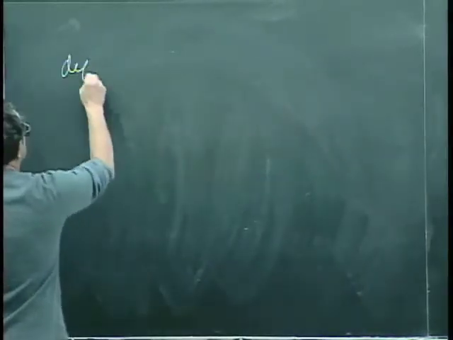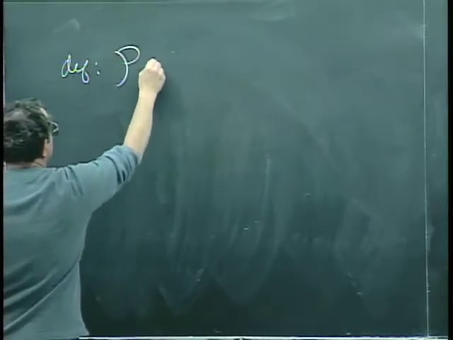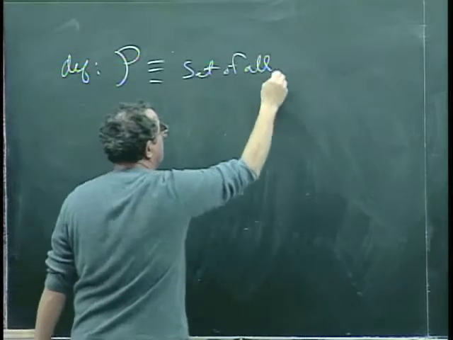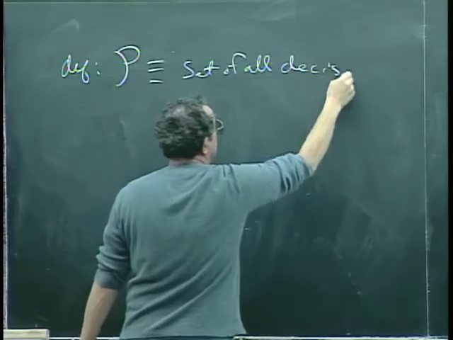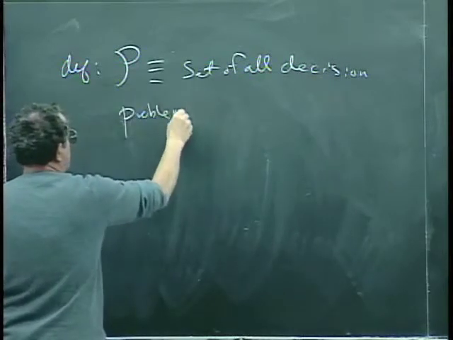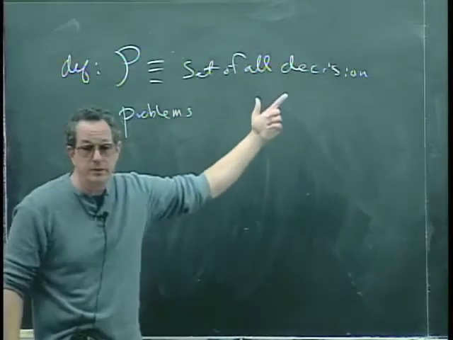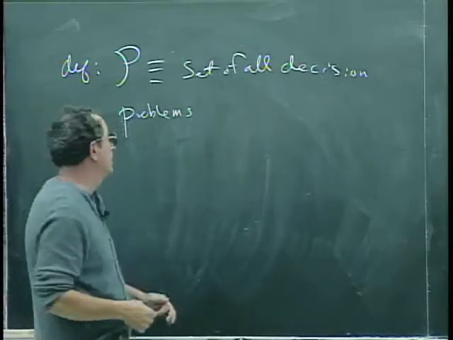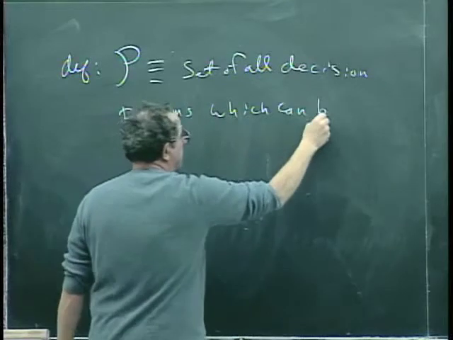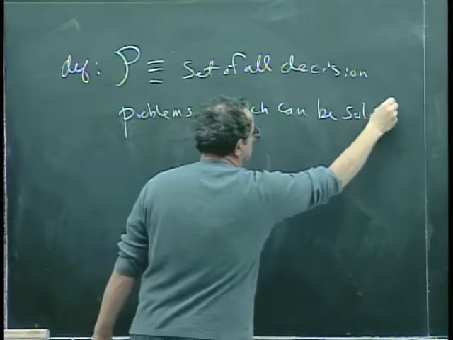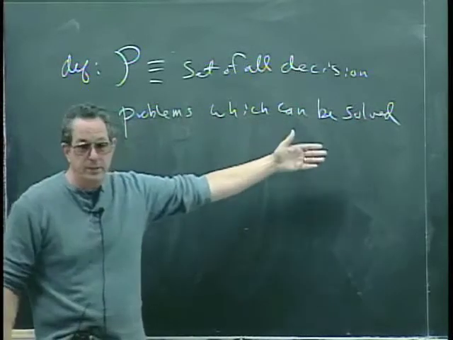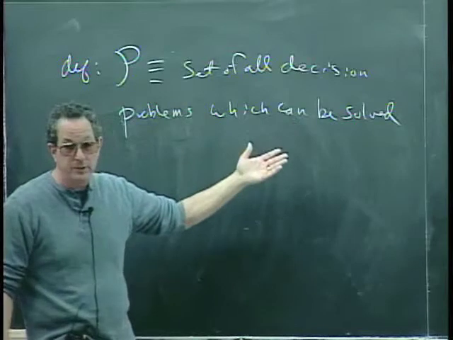This is a definition. P is equal to the set of all decision problems. A decision problem is one that has a yes or no answer, which can be solved, and by solved, I mean by a deterministic algorithm that's always correct.